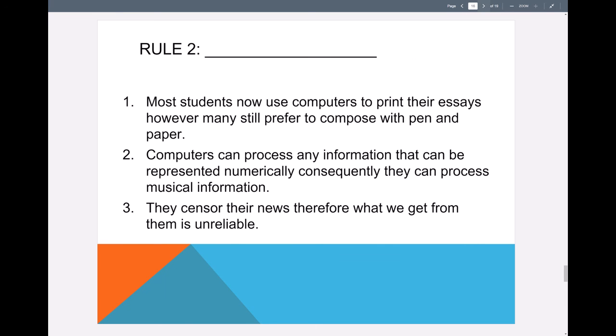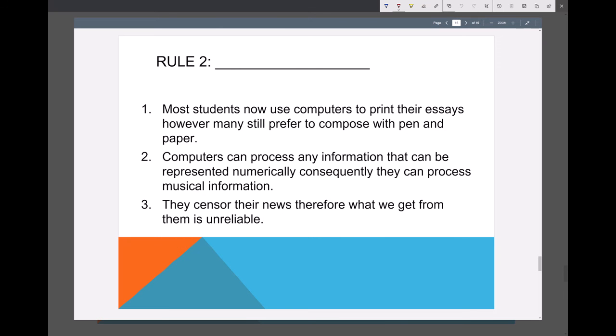Okay, rule 2. See if you can figure out this one. Again, we have 3 sentences. Use semicolons again. Where do you think the semicolons should go? I'll read the sentences first. Number 1. Most students now use computers to print their essays.